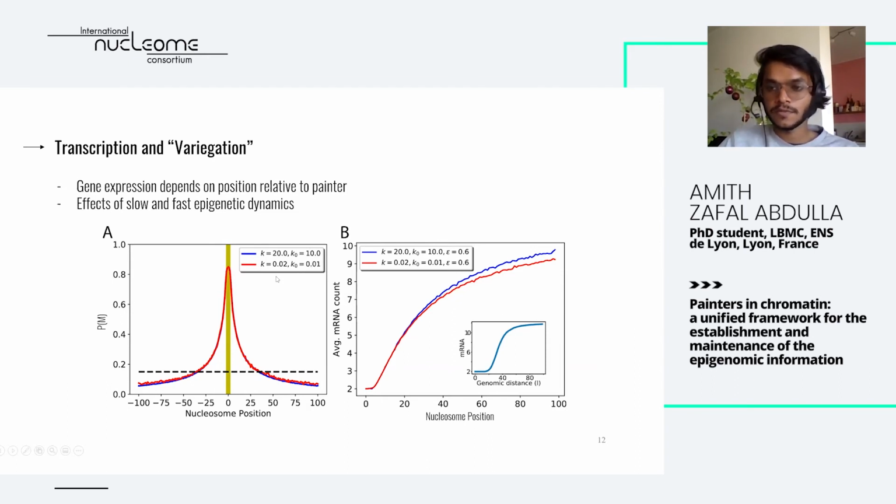So slow and fast epigenetic fluctuations, the fluctuation between M and U state, that's what we're talking about now with respect to transition. But we can have the same steady state profile by keeping this ratio constant.